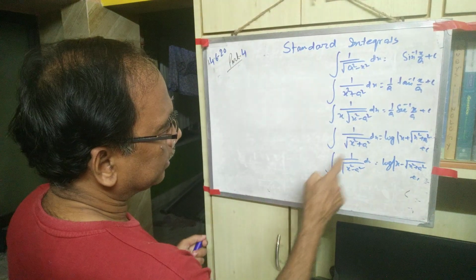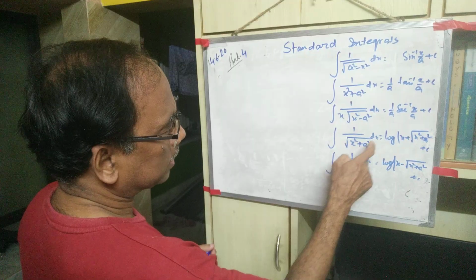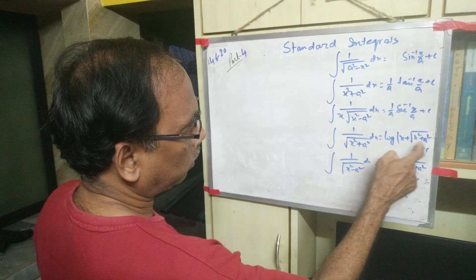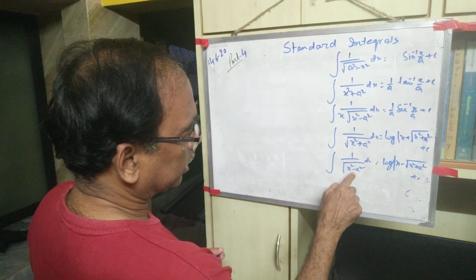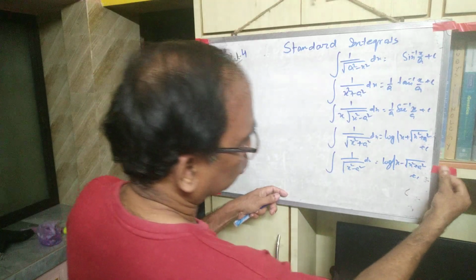This and this: 1 by root over x square plus a square dx is log x plus root over x square plus a square. In case of minus, this here should be minus.